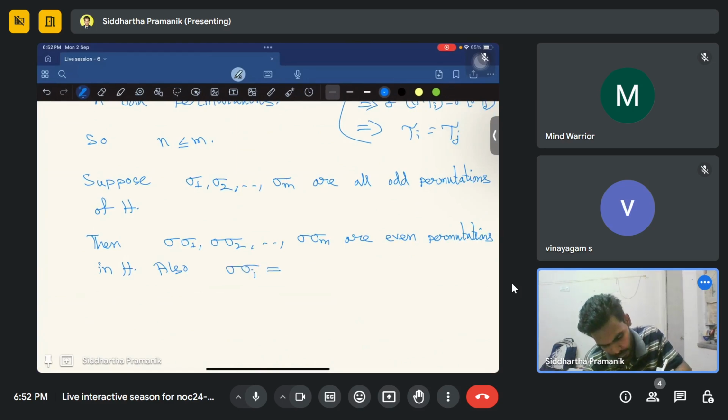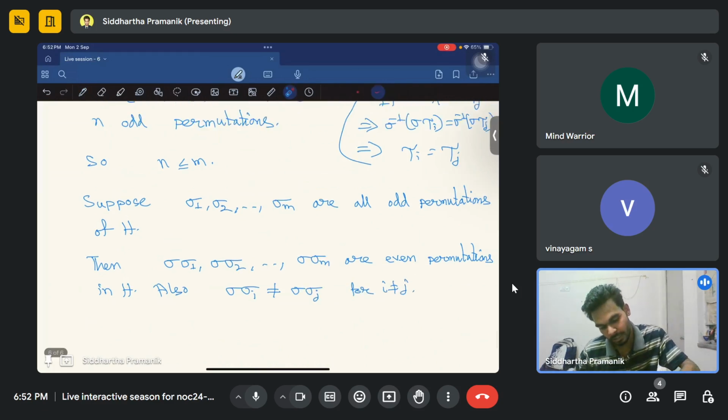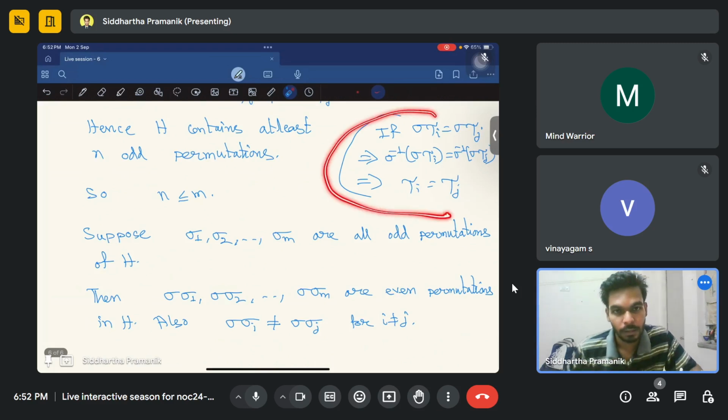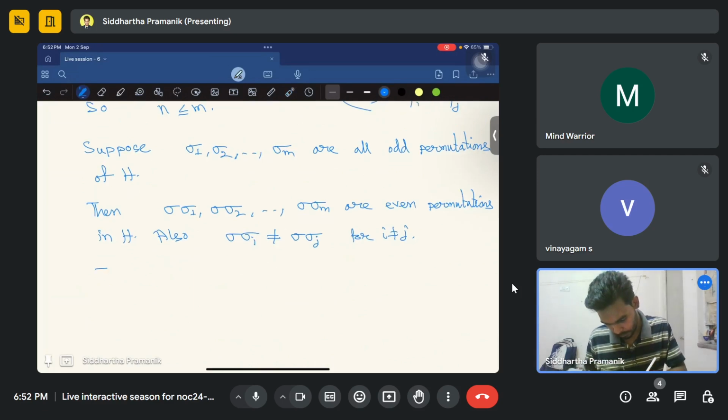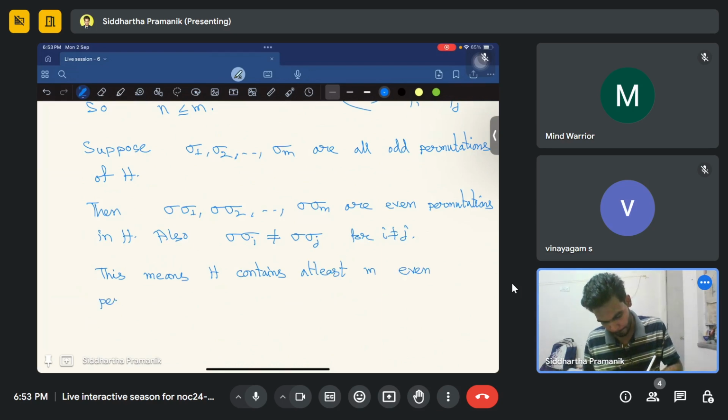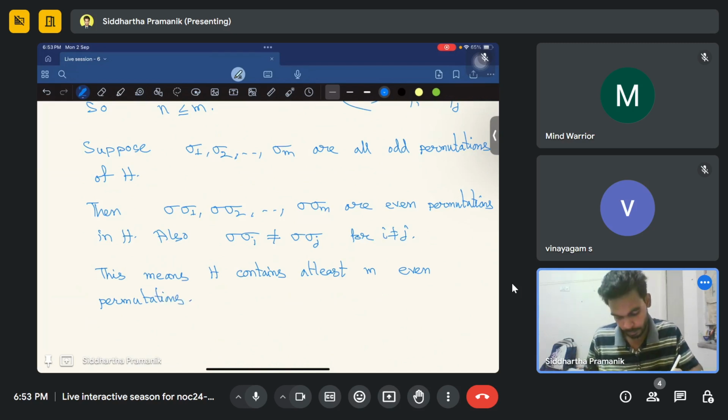Sigma times sigma i is not equal to sigma times sigma j for i not equal to j. So similar logic as we have done in this case. So this means H contains at least m even permutations, right?